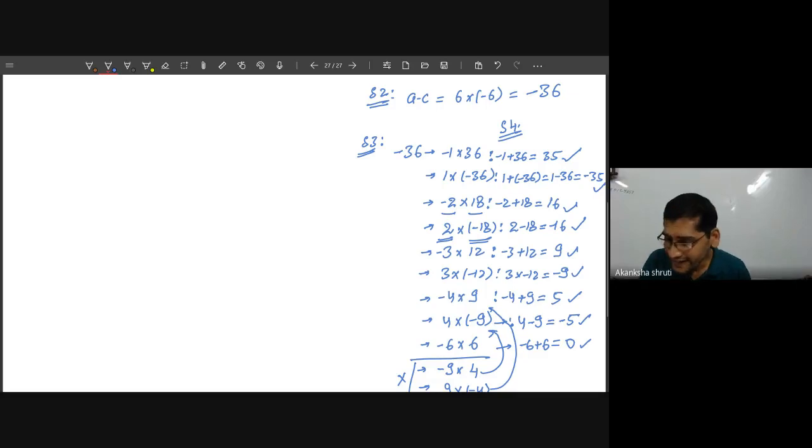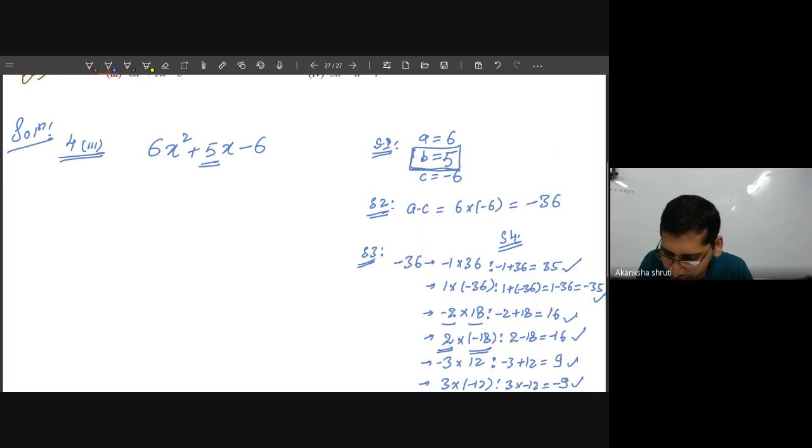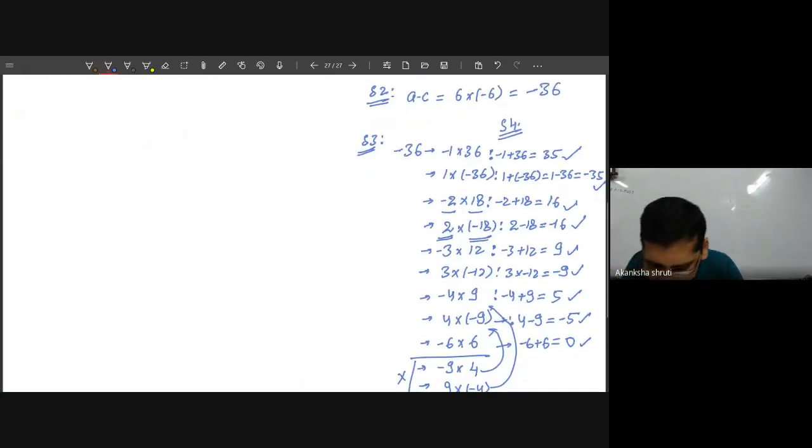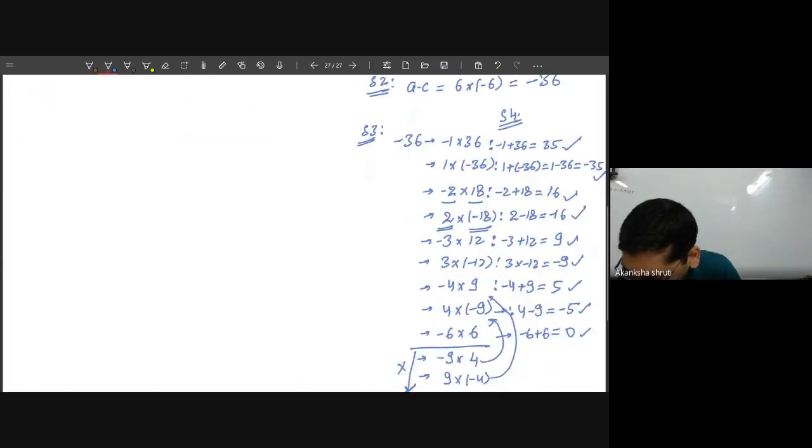But which one do we need? We need this one, whatever the B is. What is that B? B is, along with the sign, our 5. So this is the required one. The others are not useful to us.